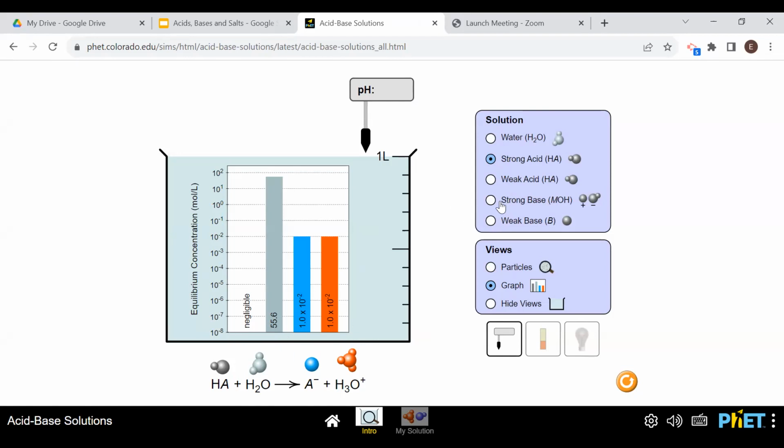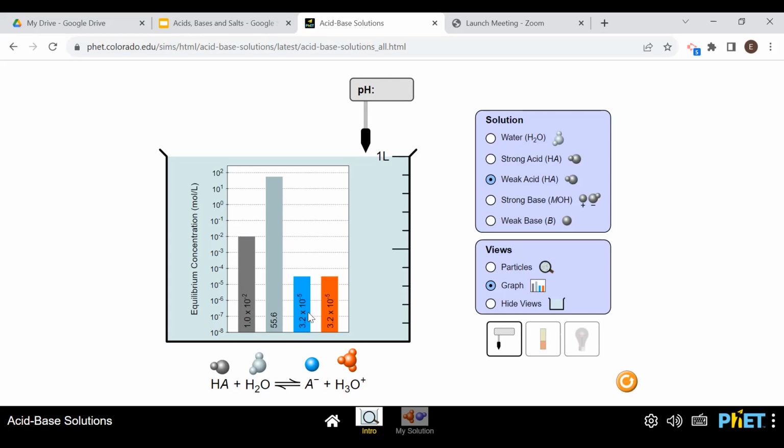Then let's look at strong base. Or rather, let's look at weak acid. Do you see the weak acid? There is a reversible reaction, meaning it's not 100% ionized. Look at it. You started off with this.